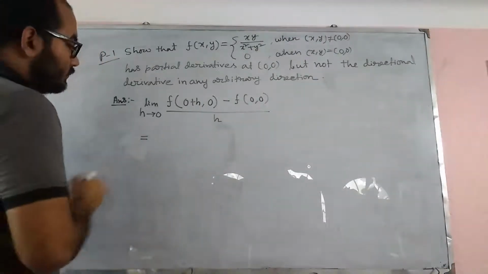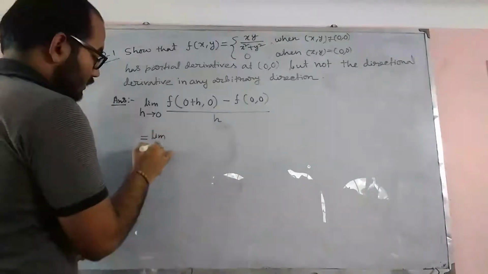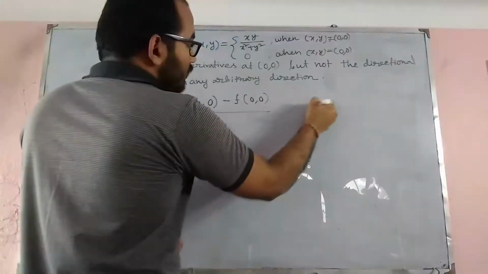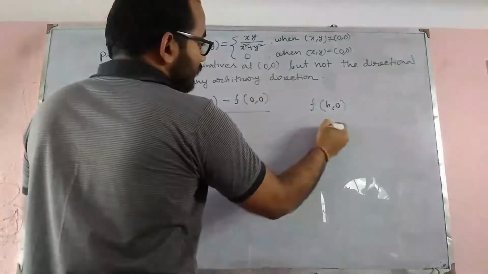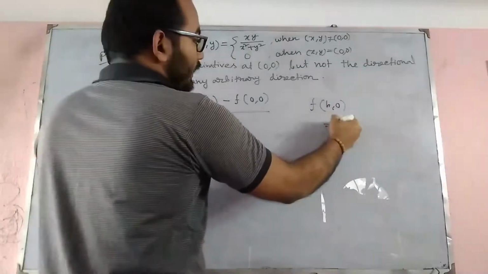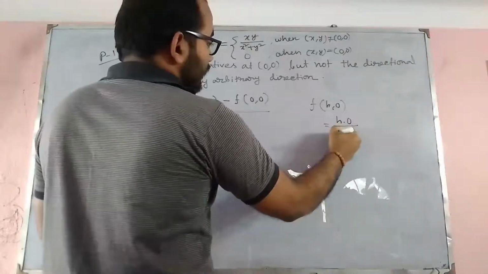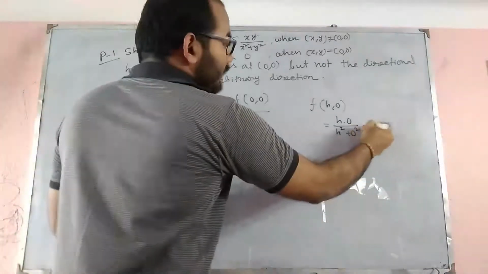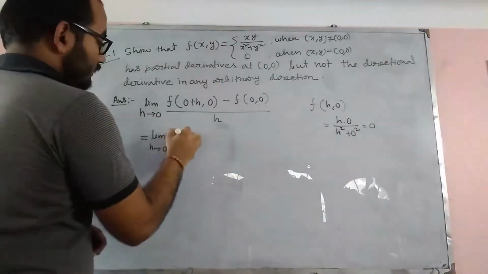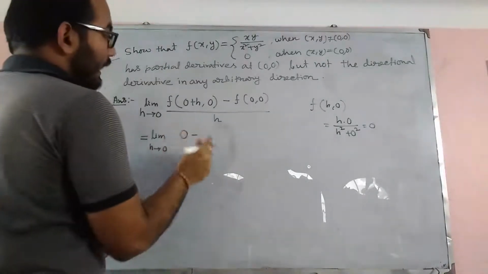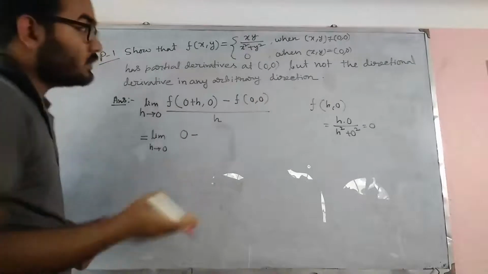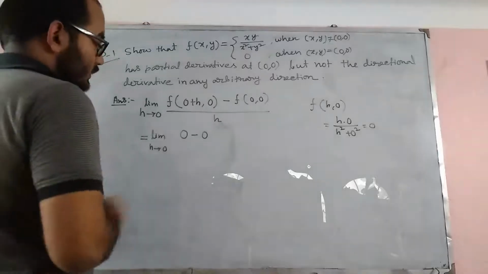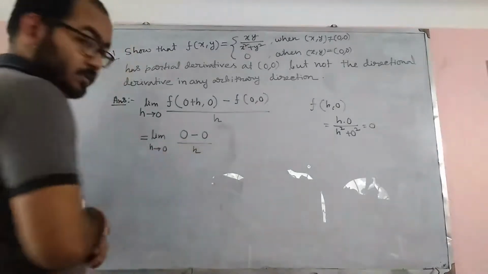This is equal to limit h tends to 0. Now see, f of h, 0 is equal to h into 0 by h square plus 0 square, and this is ultimately 0. Then we put here 0, and as we know, f of 0, 0 is 0, so I put here 0 by h.